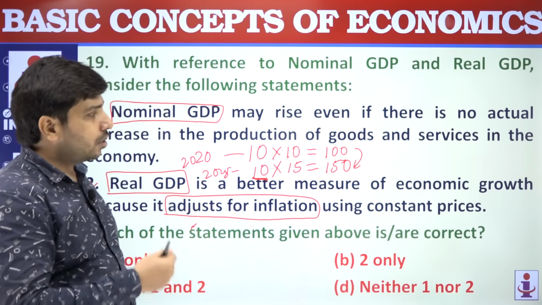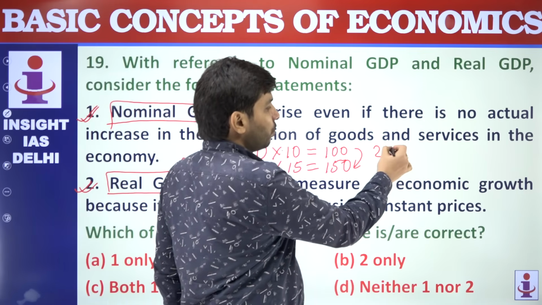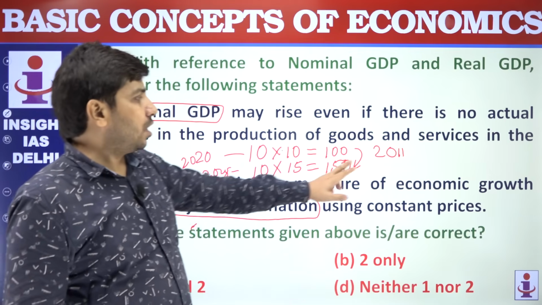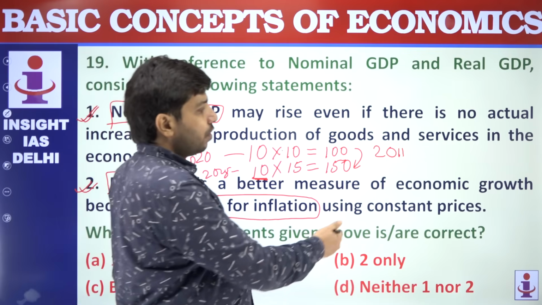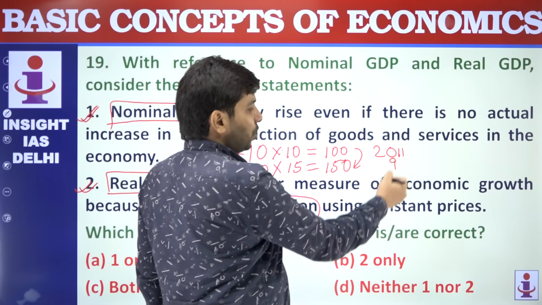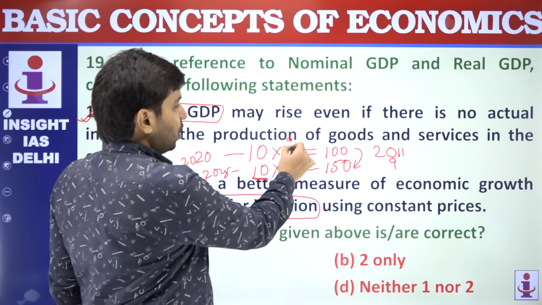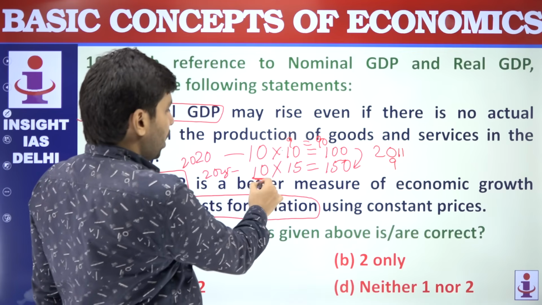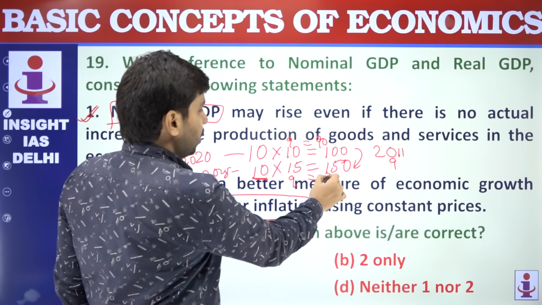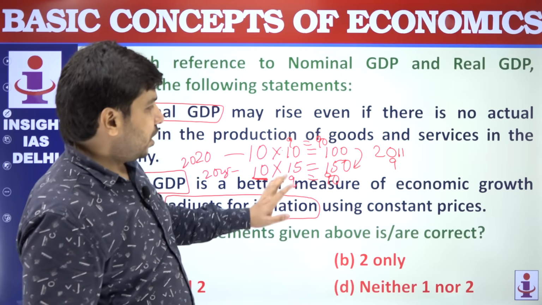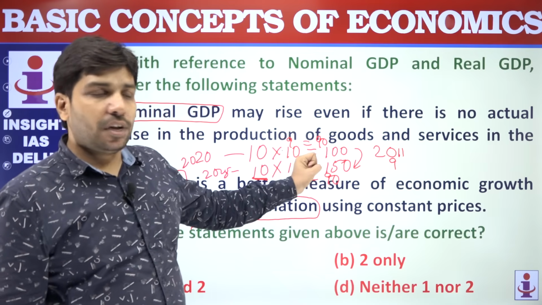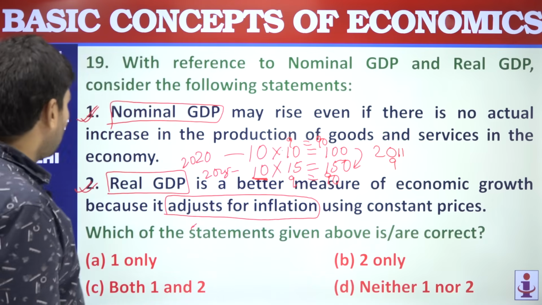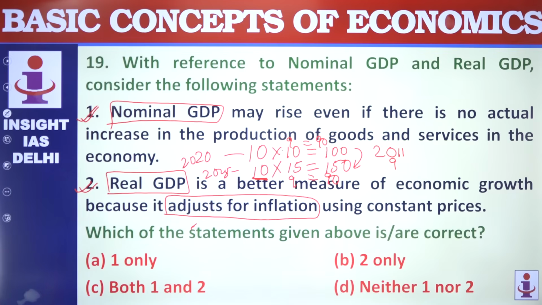For example, suppose the price of rice is decided from 2011, when the price of rice was 9 rupees. So 10 into 9, the outcome is 90 in 2020. In 2025, 10 into 9, outcome is 90. So the real GDP adjusts for inflation, and in real GDP we can actually find out whether our economy has grown or not. So both these statements are correct.